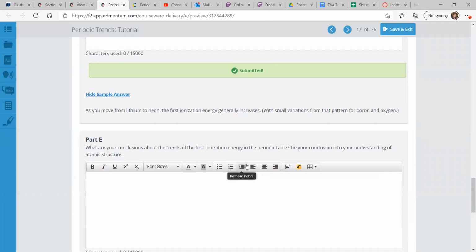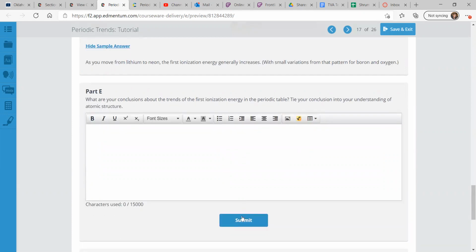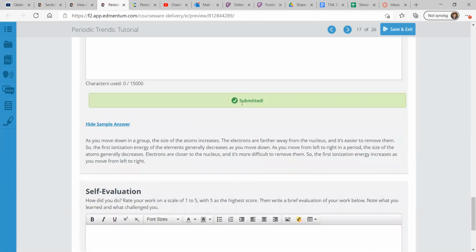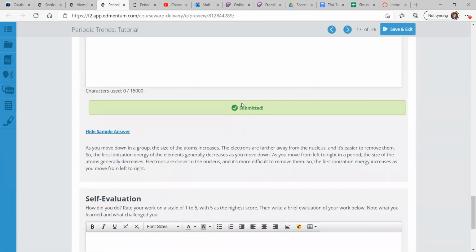What are your conclusions about the trends of the first ionization energy in the periodic table? Tie your conclusion into your understanding of atomic structure. So, as you move down in a group, the size of the atom increases. The electrons are farther away from the nucleus and it's easier to remove them.